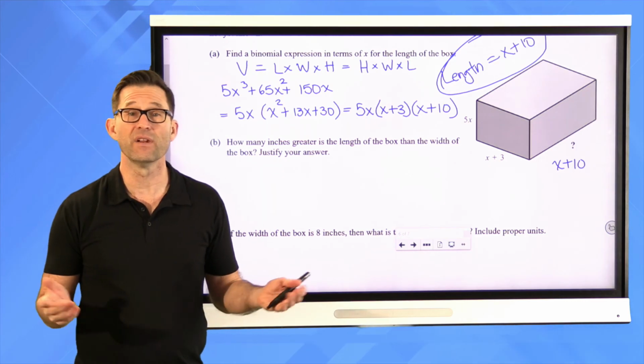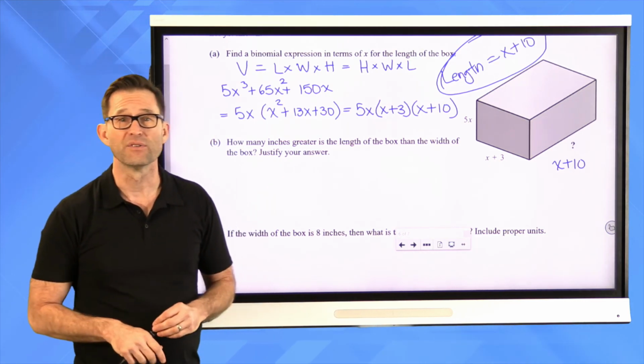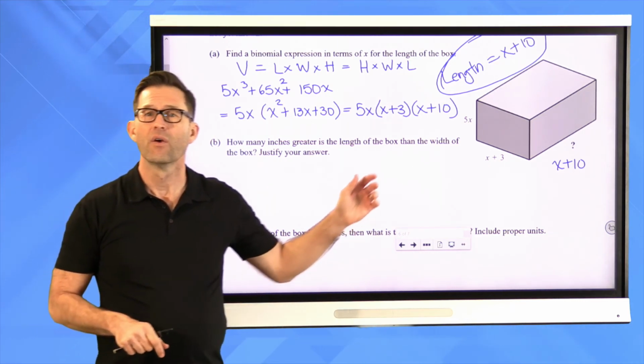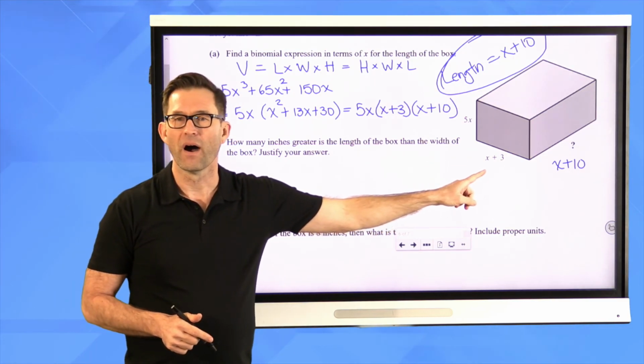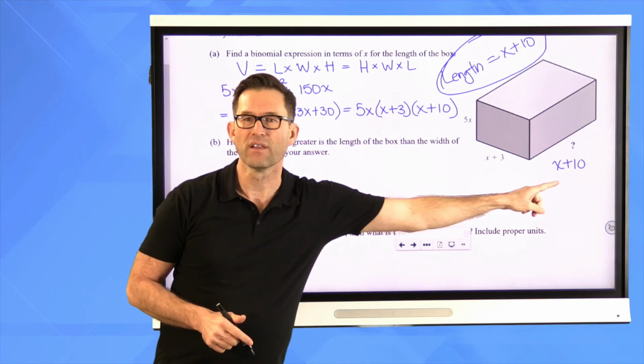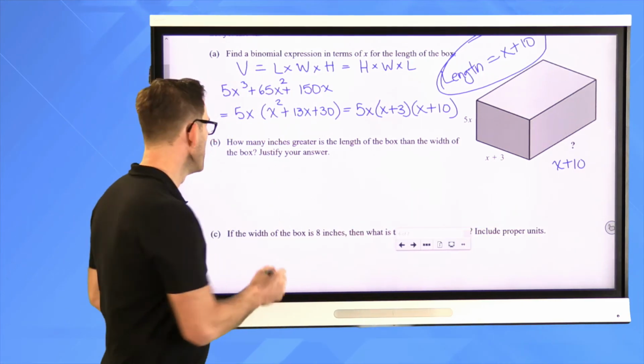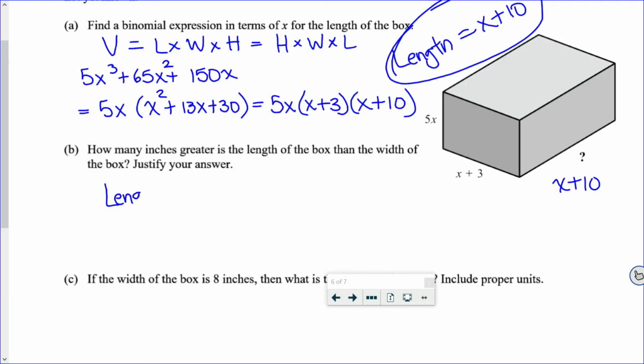Well, it's 7 inches larger, right? Or 7 inches longer, or 7 inches greater. Here's the width of the box, x plus 3. Here's the length of the box, x plus 10. So the length, x plus 10, is equal to x plus 3 plus 7, which is equal to the width plus 7.